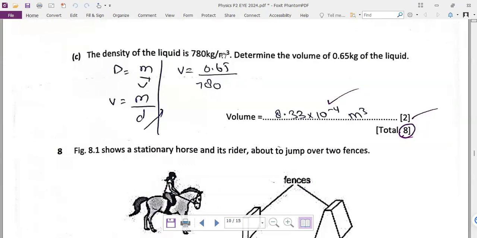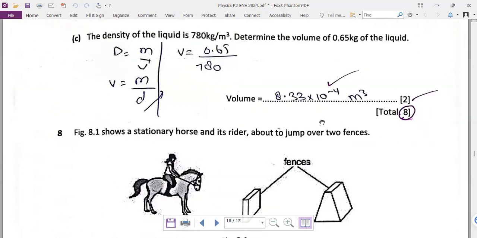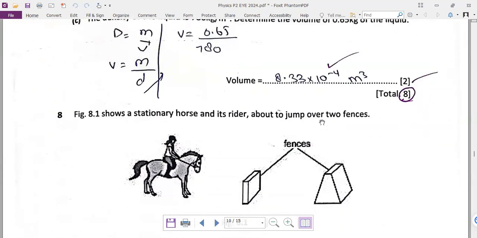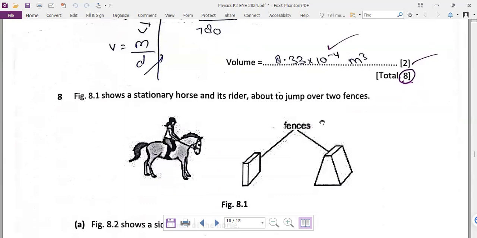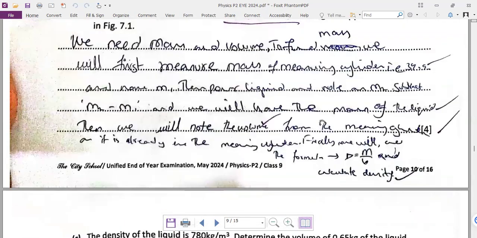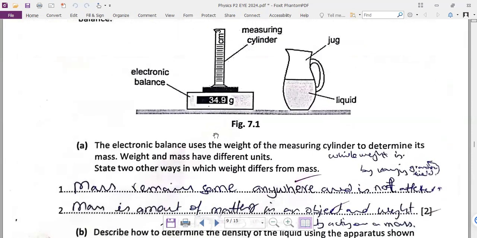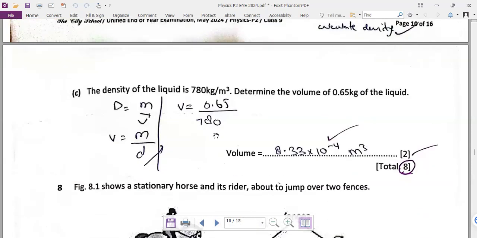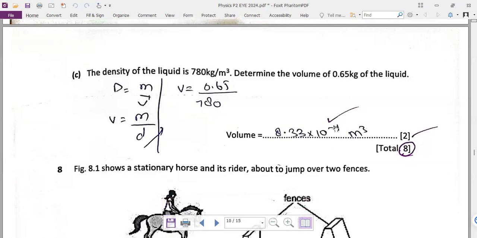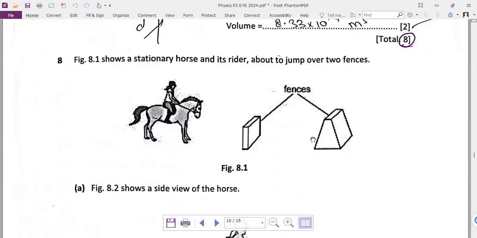It's cubic meters, so don't worry about 10 power minus 4 being a small value. It is not a small value for the cylinder. If you look at the cylinder, it is in centimeters cubed. The answer is in cubic meters, that's why it is such a small number. If you convert it into centimeters cubed, it will be a larger number.